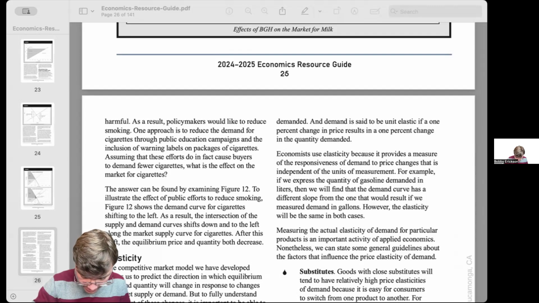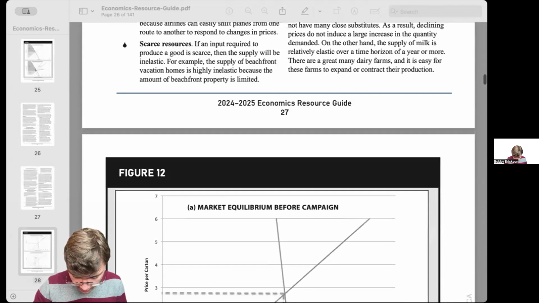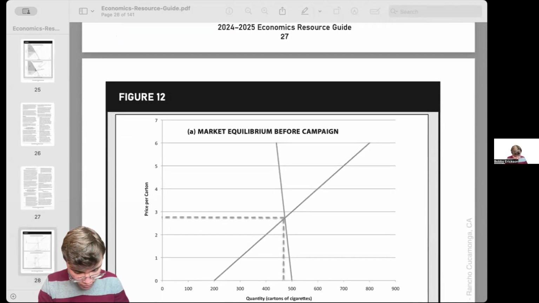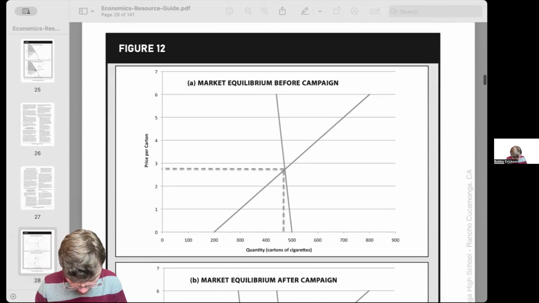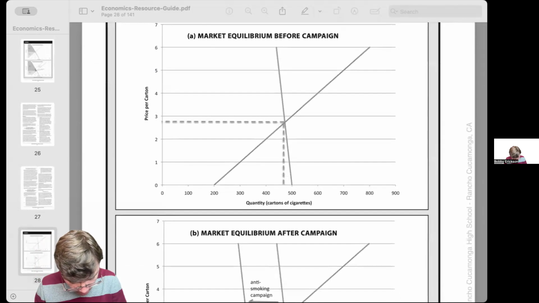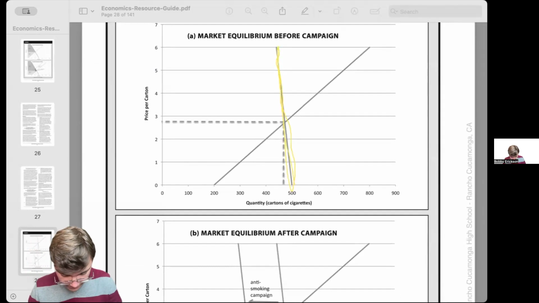The effect here we can see in figure 12. So if we go down to figure 12 here, before the cigarette campaign, this was our, let me go ahead and scroll down. We can see that this is our intersection.